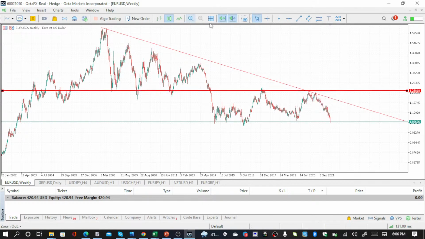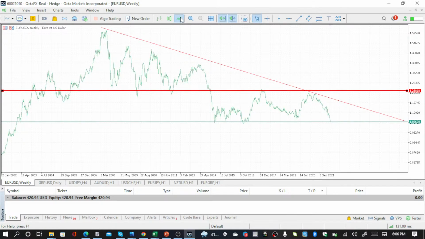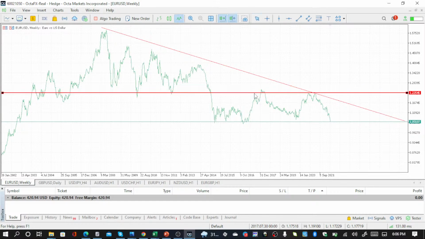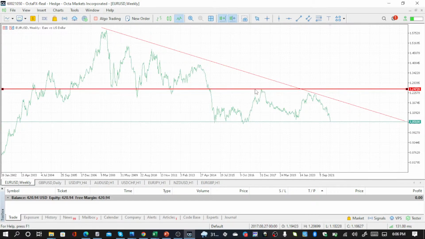To better identify these levels clearly, we can divert to the line chart. That's what I do to identify the resistance level clearly.